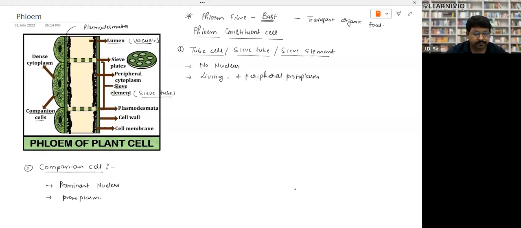They are elongated tubular conducting tissue. Full stop.